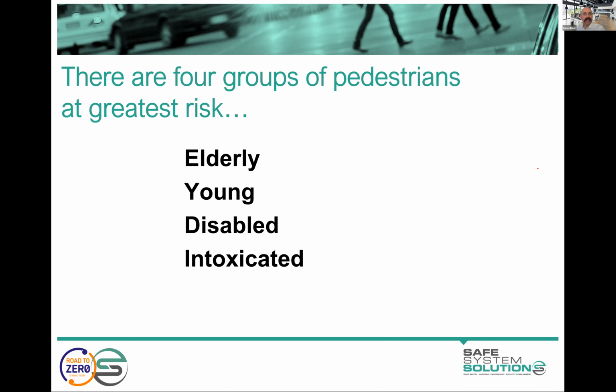In terms of pure numbers of deaths and serious injury, the intoxicated are far and away the greatest proportion compared to the others. But each presents unique risks and challenges, and we've got to think about all of these in our design of infrastructure.